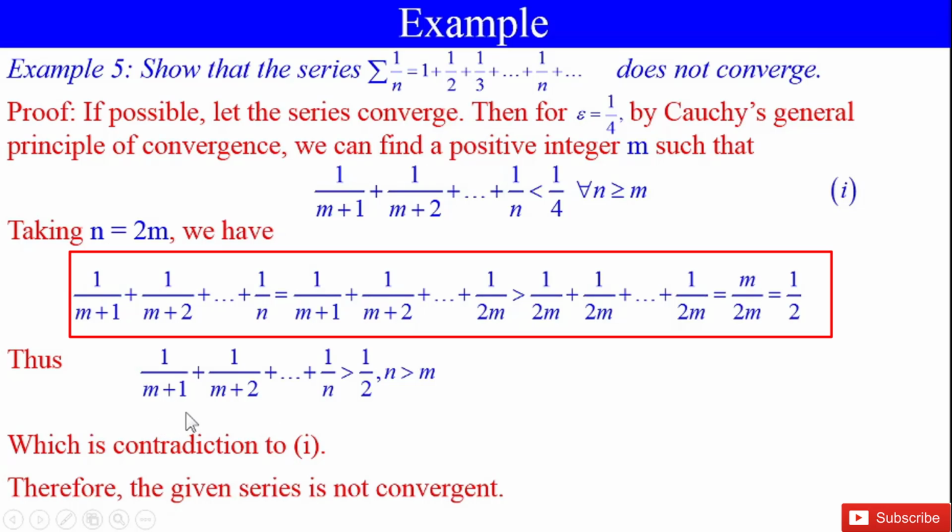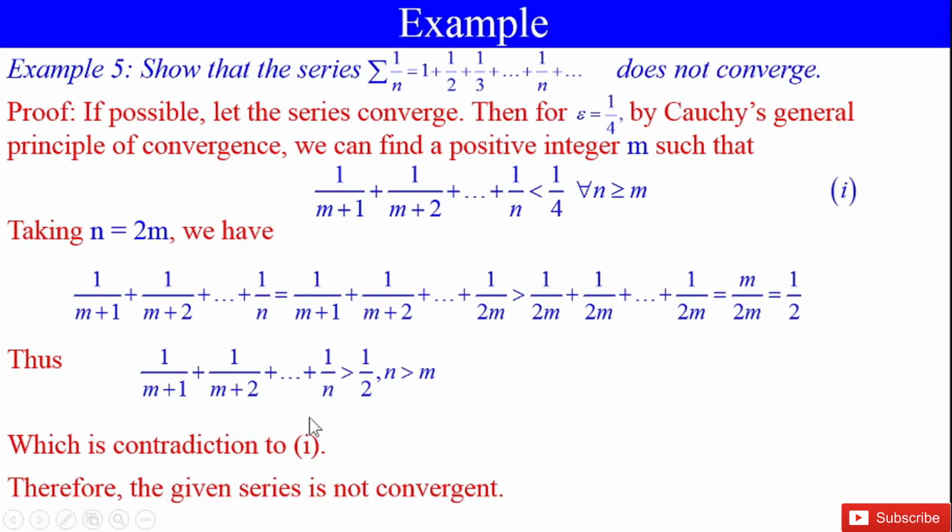Thus 1 by m plus 1 plus 1 by m plus 2 plus up to 1 by n is greater than half, which is a contradiction to our equation 1. Therefore, the given series is not convergent.